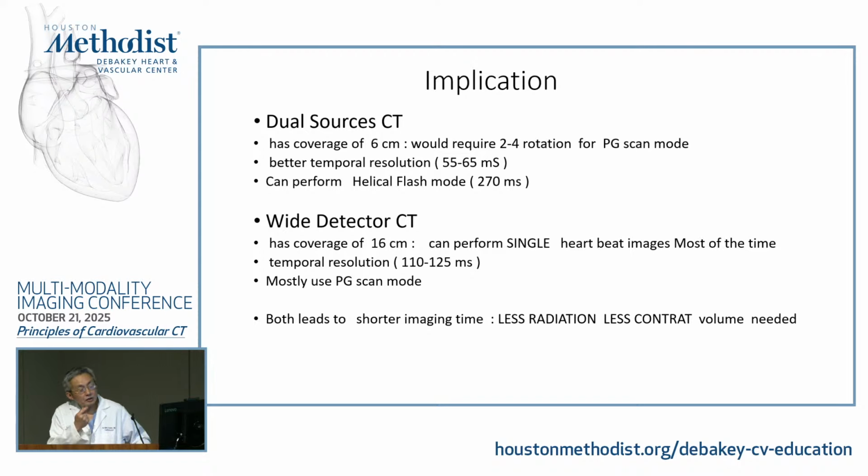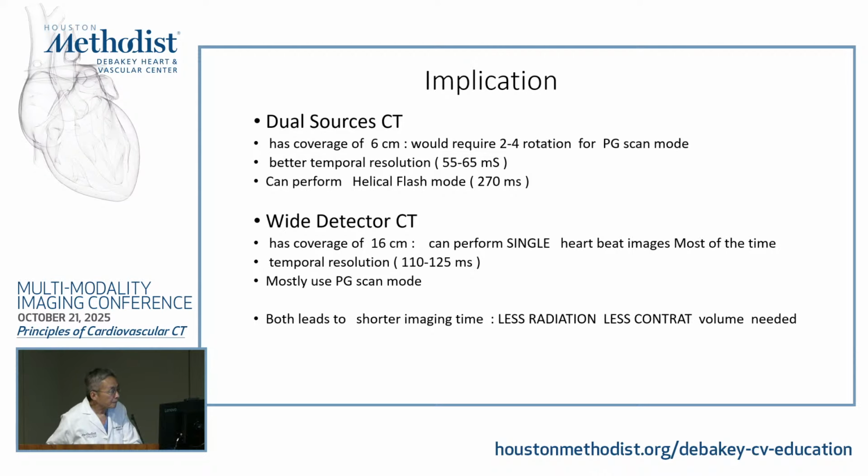If you think about the gantry time, it's 250 milliseconds. If you want to image only one single phase of the cardiac cycle, it could be very fast, but the temporal resolution is twice as long, so it's more uniform, but you get more motion. Does it make sense?